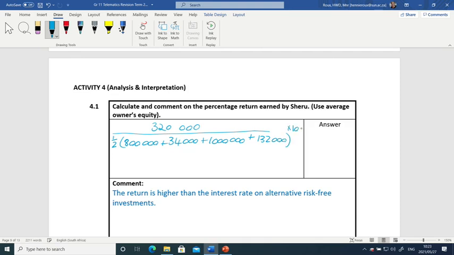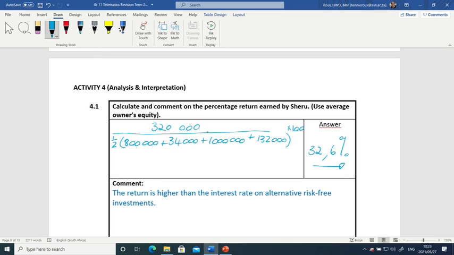It's a percentage, so we times by 100. And that will give you 32.6%. You don't have to calculate this and show that, but you must show this calculation.